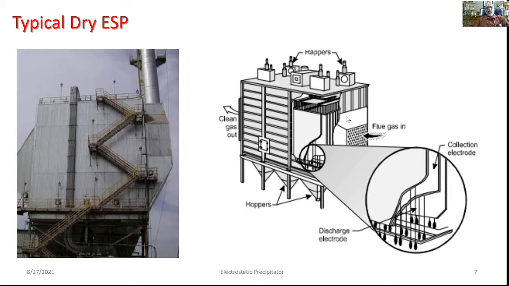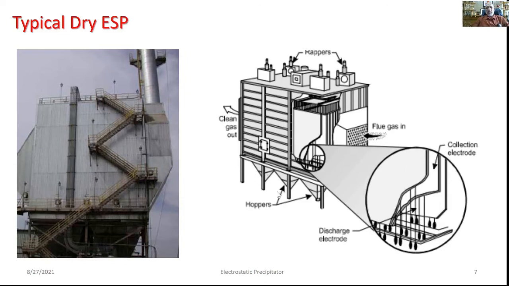This is showing the typical arrangement of a dry electrostatic precipitator. As you see here, this cut section shows the vertical wires, which are the discharging electrodes, whereas the plates placed on either side of these suspended wires are the collection plates.